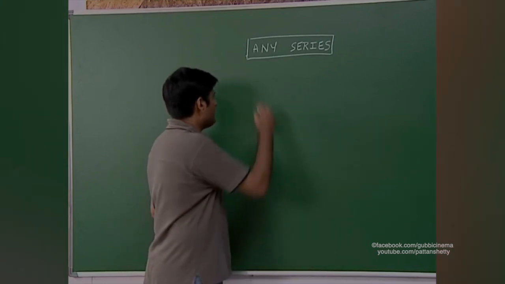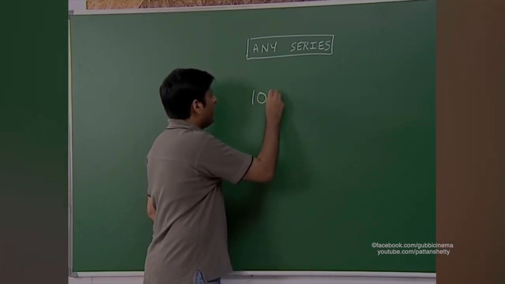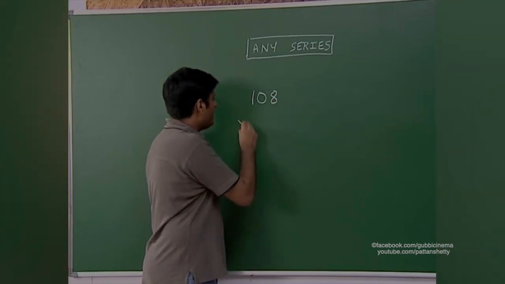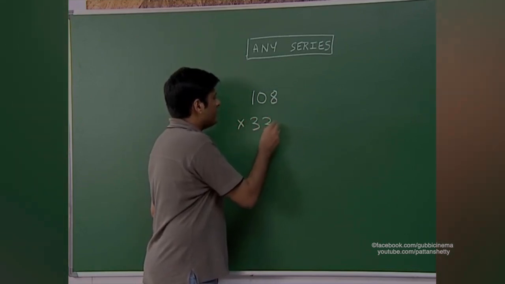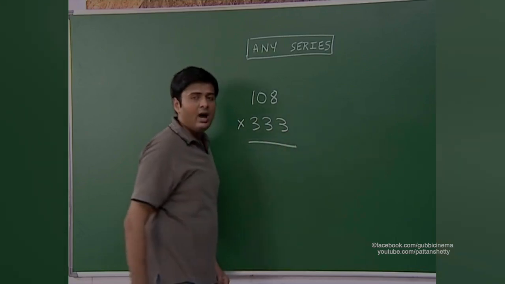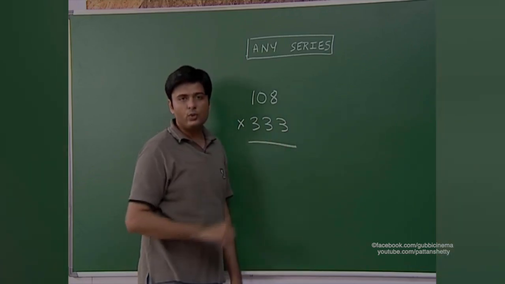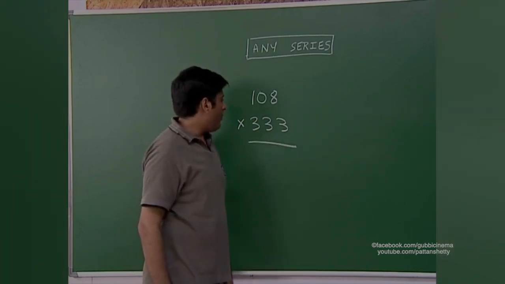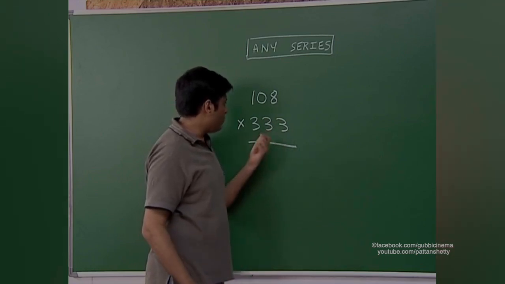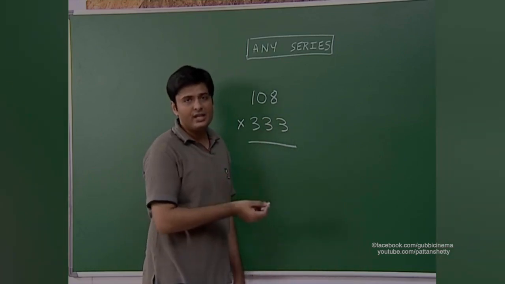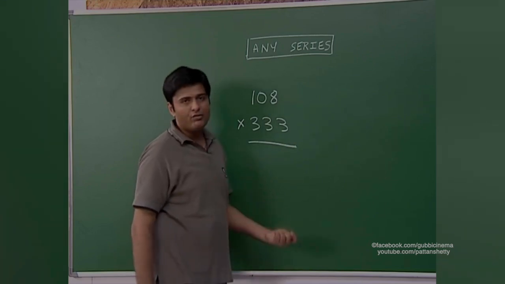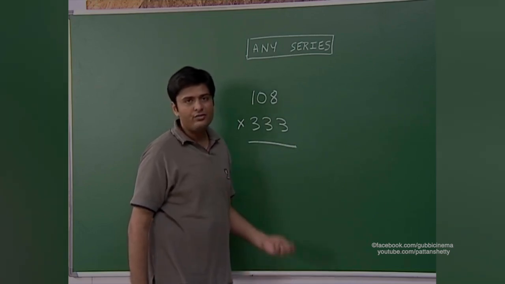Suppose I have to multiply, say 108 by 333. Now, I have a series of 3's over here. Now, I want to multiply both these numbers, but I don't have a technique of series of 3. Either I can use series of 1 or I can use series of 9.